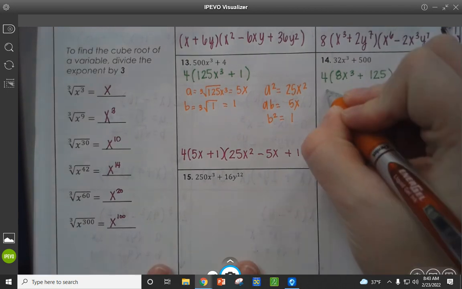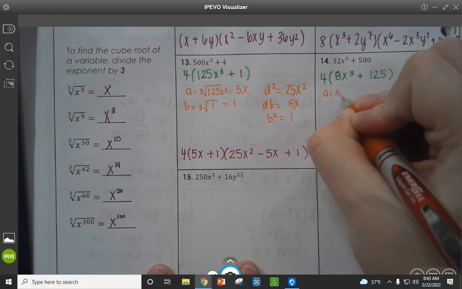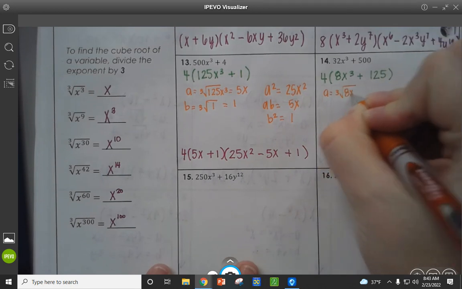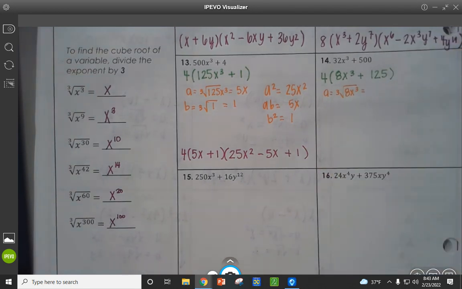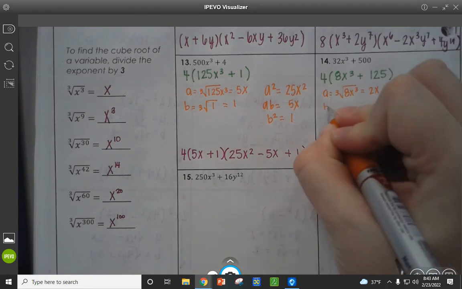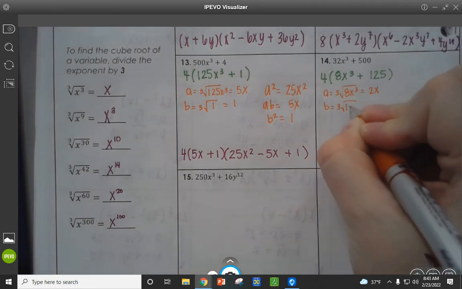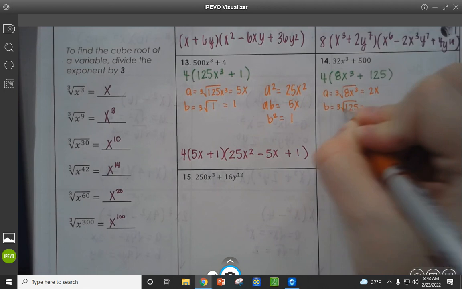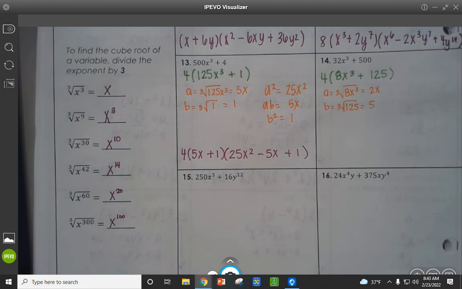So your A is the cube root of 8x cubed, which is 2x. B is the cube root of 125, which is 5.